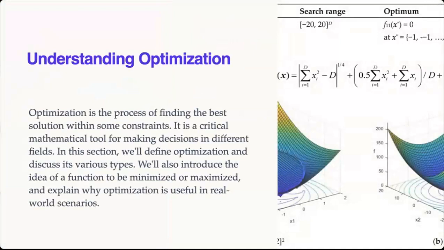Okay, now it is time to understand the optimization problem. Well, one definition of optimization is the process of finding the best solution. We use the word best.